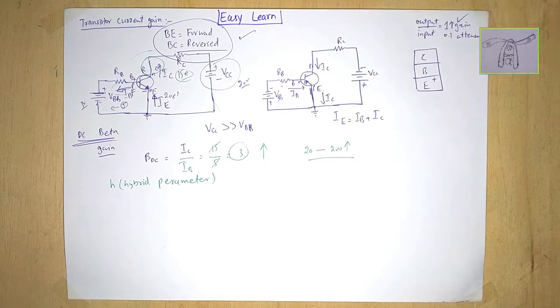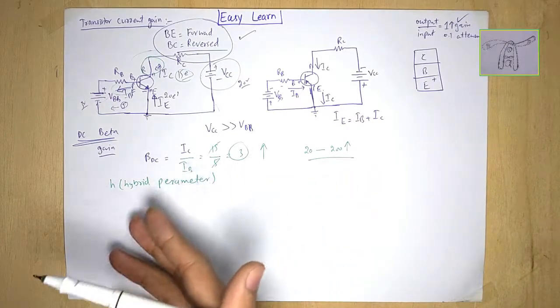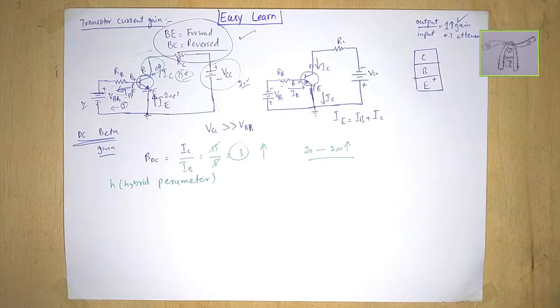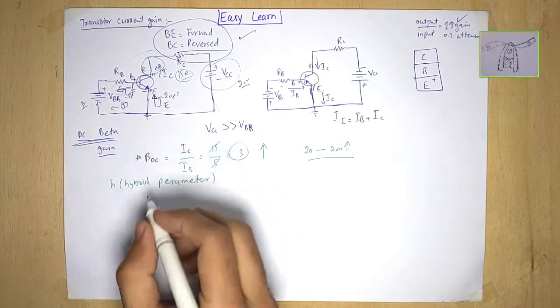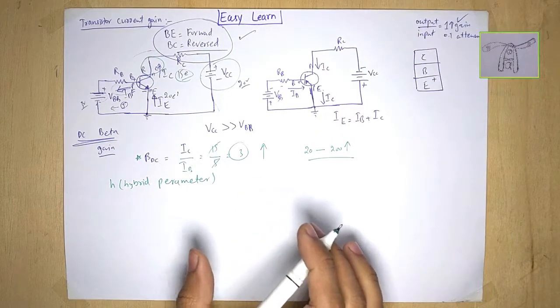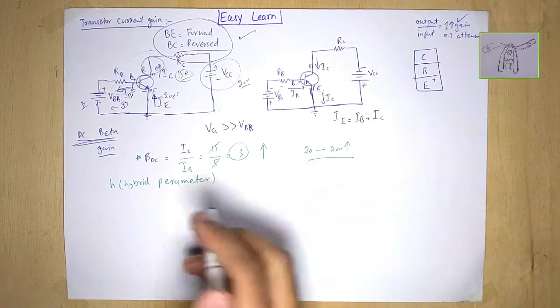The second is that the procedure followed is quite simple and easy to understand, but we will discuss these in detail. As you can see, the simple formula is output by input, it is very simple. The beta DC is most widely used in our calculations.